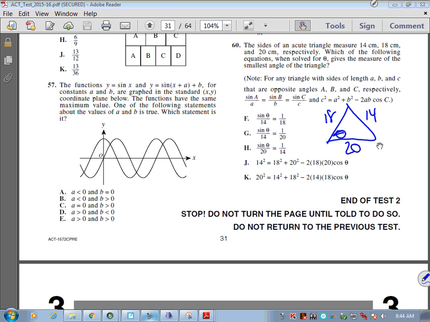So it's going to either be J or K. In our case, it's going to be J because we're going to use that for my C, where 18 and 20 are A and B. So that's really just knowing those formulas and what they're used for, and then how we would put those things into that formula. And because we're trying to solve for angle theta, and it's going to be opposite of 14, that's why we use J the way that we do.